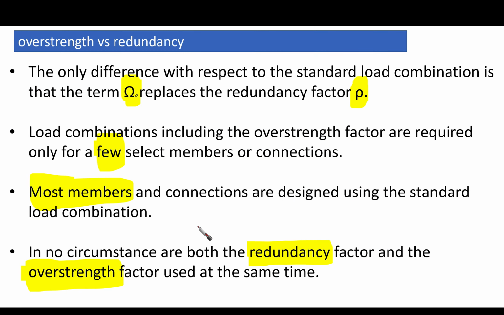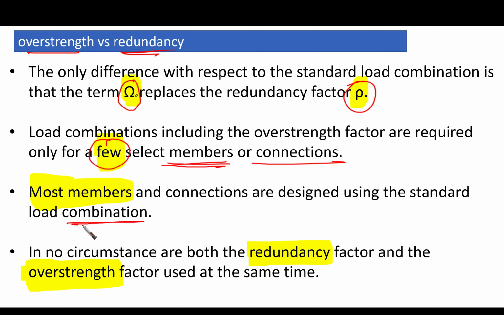Okay. Now overstrength versus redundancy. I hope that you do not mix the two. The only difference with respect to the standard load combination is that the overstrength replaces the redundancy. Load combinations including the overstrength factor are required only for a few selected members and connections. As we said, those are very few and they are going to be critical for the structure, and we want them to behave elastically. However, most members and connections are designed using the standard load combination.